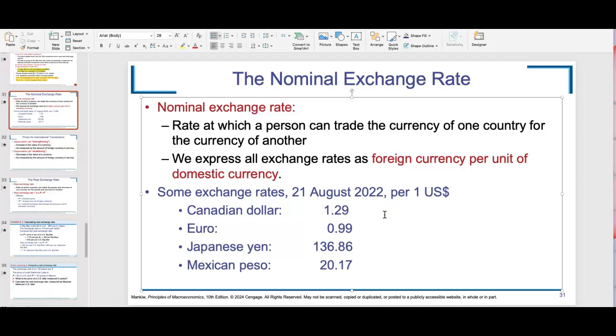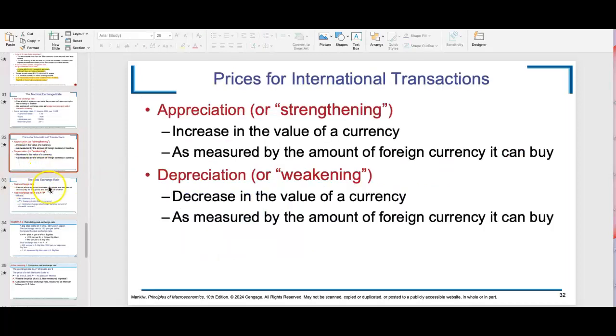What can I buy with that dollar in Canada? What costs $1.29? Depending on the price level in each country, it will affect what I can buy. It will affect the purchasing power of that dollar. And it does affect basically the real exchange rate. The real exchange rate is how many units of output I can purchase.